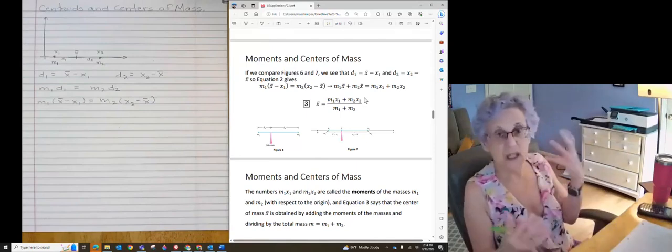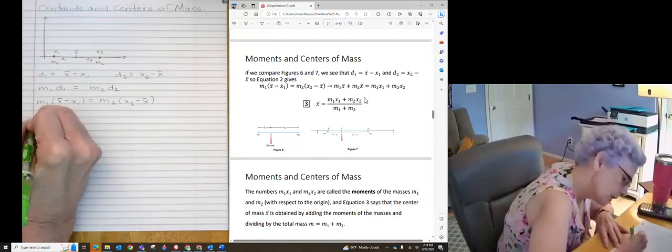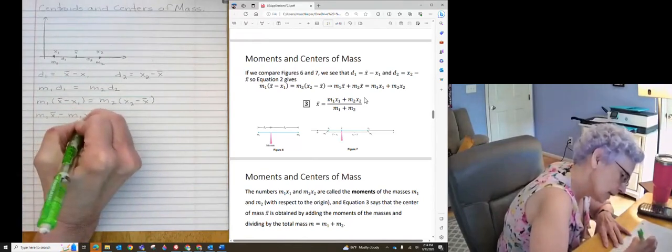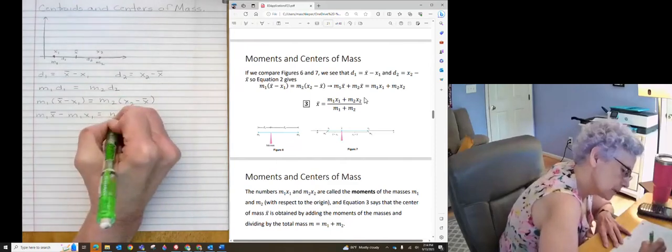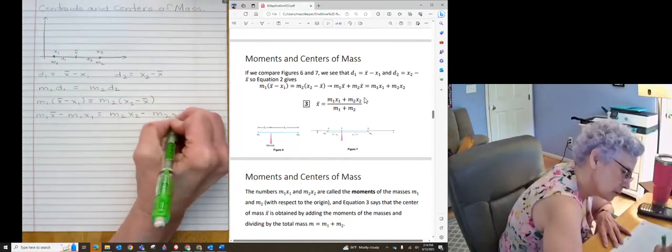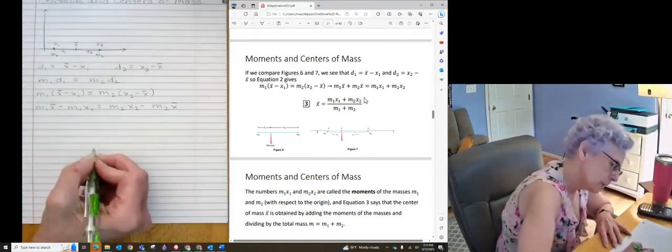So now I'm going to see if I can get x bar all by itself. So m1 x bar minus m1 x1 equals m2 x2 minus m2 x bar.